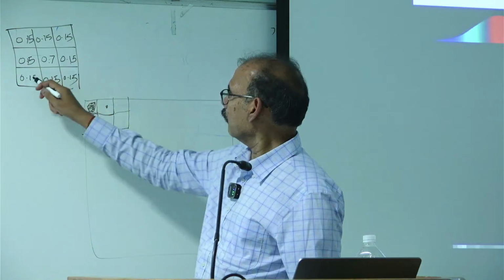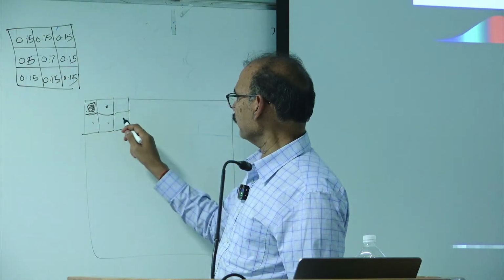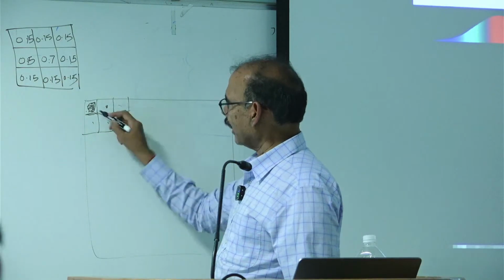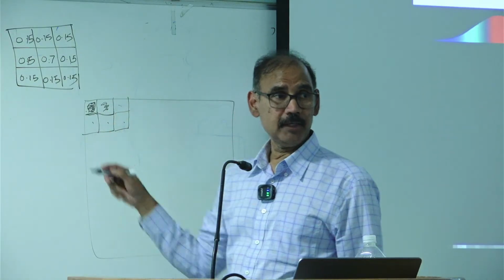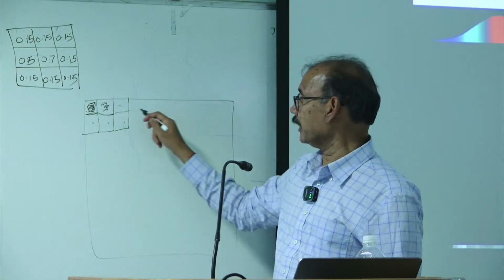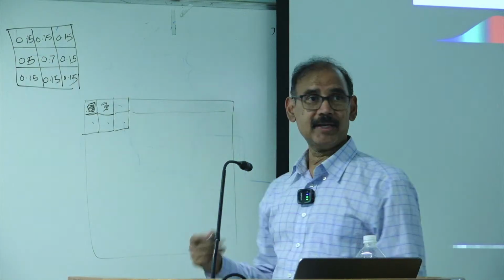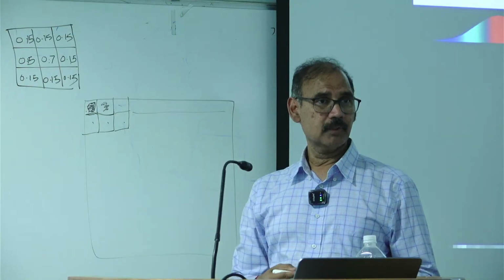Then 0.15, 0.15, 0.15, 0.15, add them up, then substitute this, right? And so we keep repeating this till the whole data set is filled up, right?